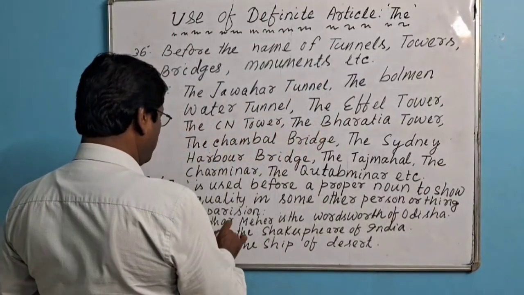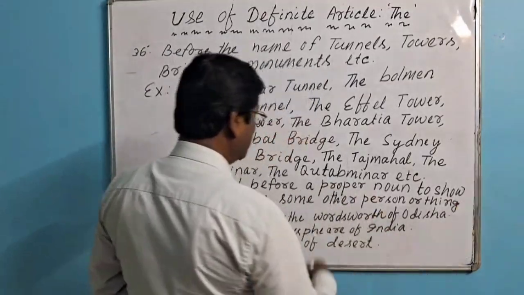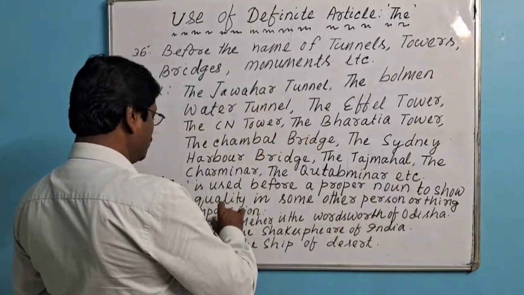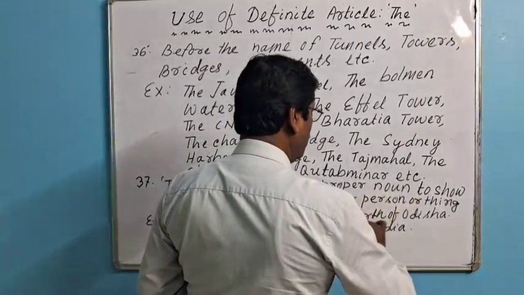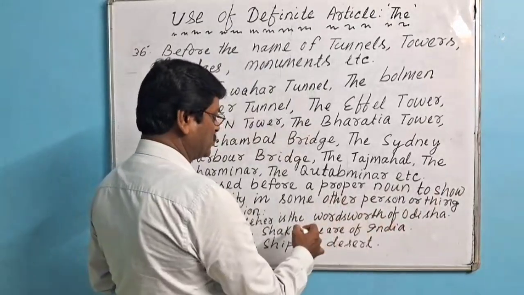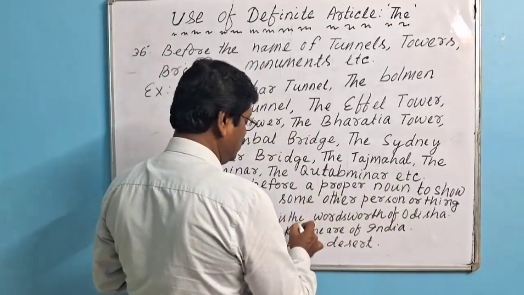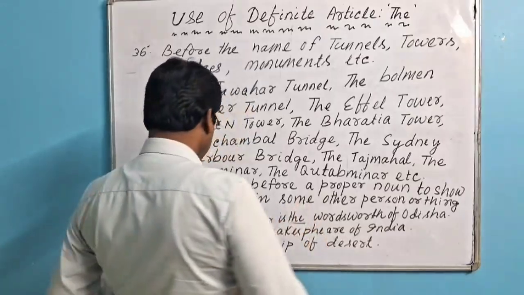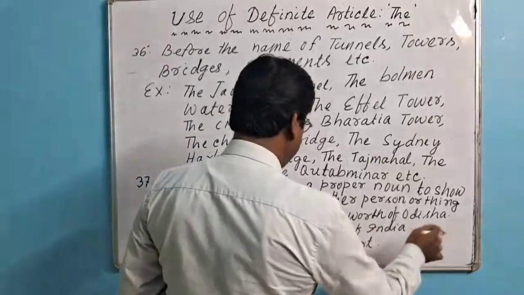Here, the quality of Gangadhar Meher is compared with the quality of Wordsworth. So, Gangadhar Meher is the first person here and the second person is Wordsworth. That's why 'the' is used before the second person with whom the quality of Gangadhar Meher is compared. Similarly, Kalidas is called the Shakespeare of India.